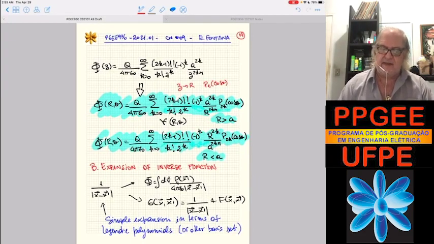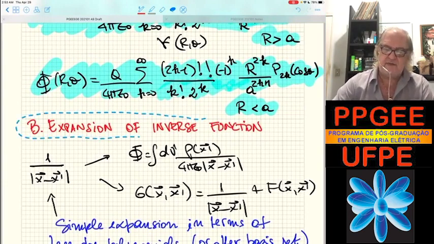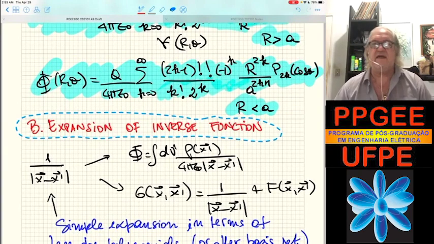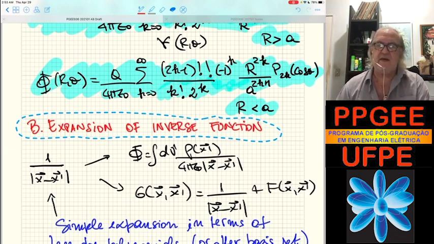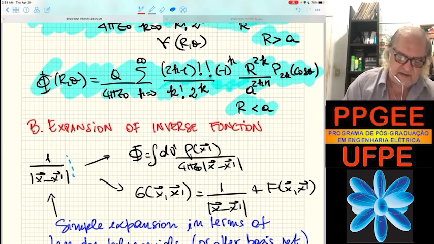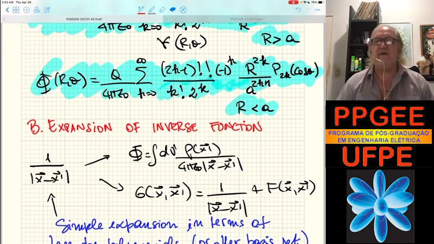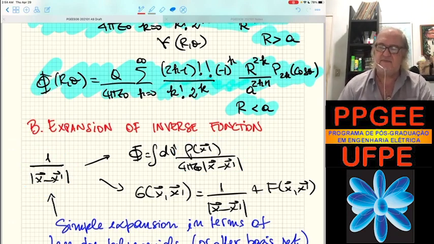Well, one important topic in this development is the expansion of the inverse function. You have those Legendre polynomials that have very nice properties, orthogonality properties, and you recall that the inverse function appears in several places, right? Potential is going to appear in radiation fields, for instance, for point charges.